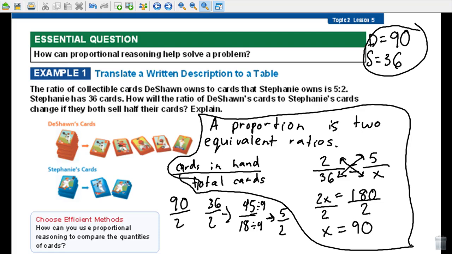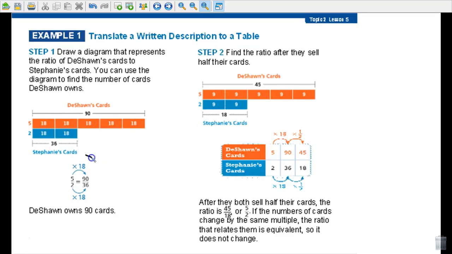Okay? So like I said, I was going to show you two ways to find that Deshaun has 90 cards. The second way is right here. Okay? So they write the ratio of 5 to 2, and then that equals the ratio of how many cards they have total, which we know that the 2 relates to Stephanie, which she has 36, and the 5 relates to Deshaun, which we don't know yet. Or, well, we do, but we're pretending we don't. So how do I get from 2 to 36?